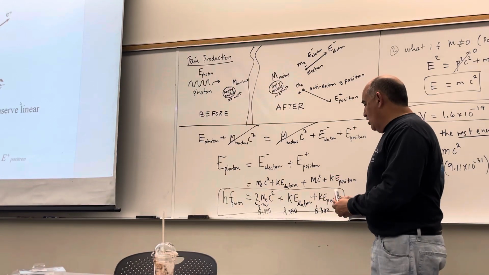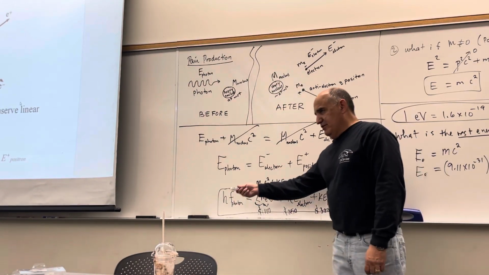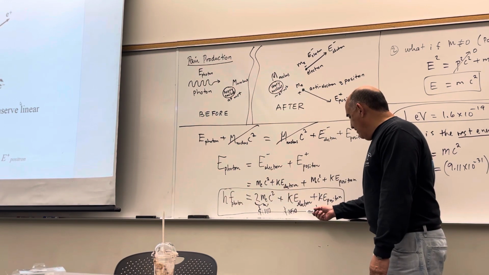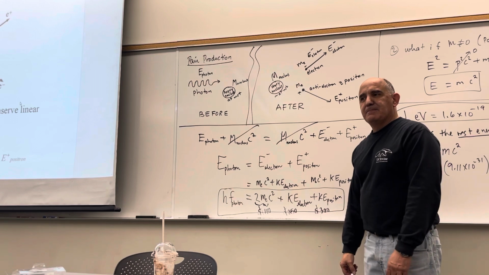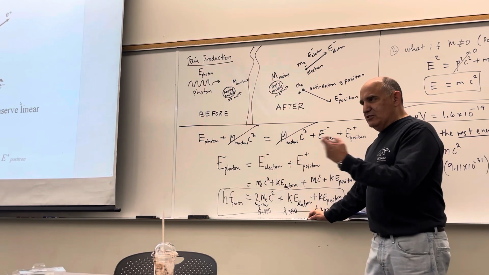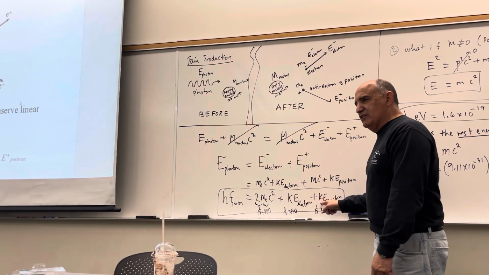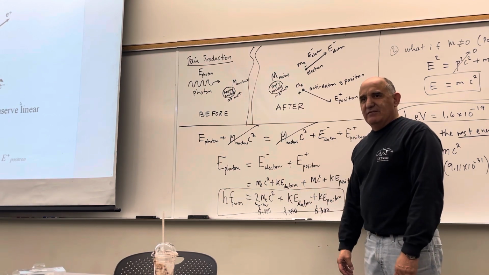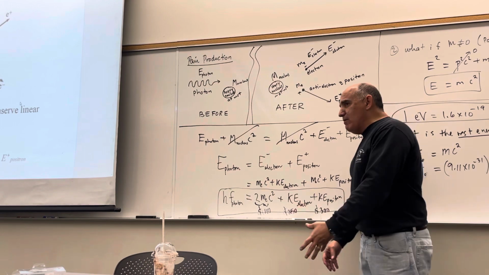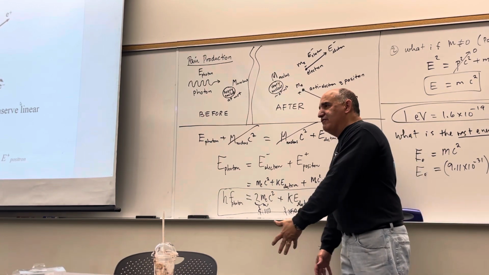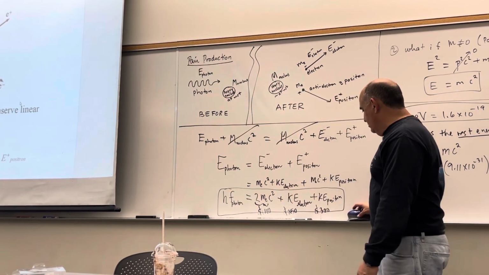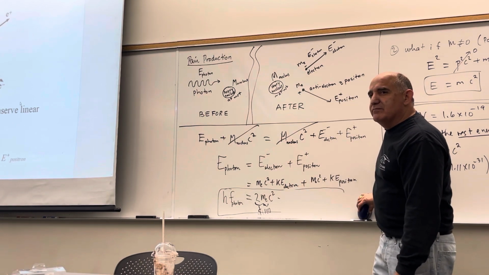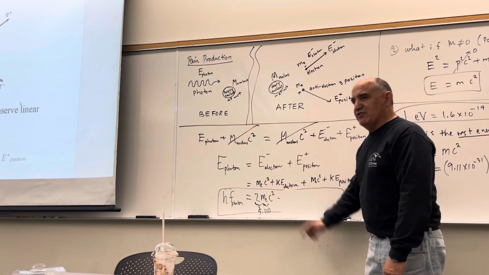So for this process to occur, the energy of the photon has to be 1,550. The less energy the photon has, the less kinetic energy, the less money the electron and the positron are going to have. But if I ask you what is the minimum energy that the photon needs to have to make the electron and the anti-electron? Well, it's when it doesn't give them any kinetic energy, which is $1,000.